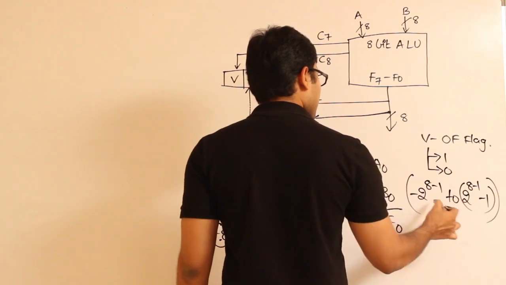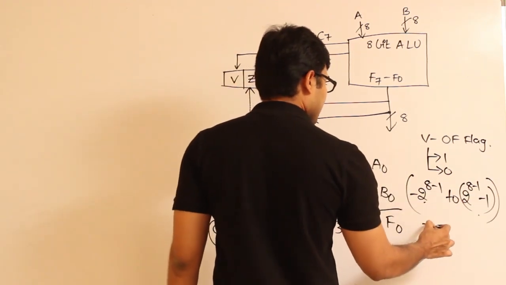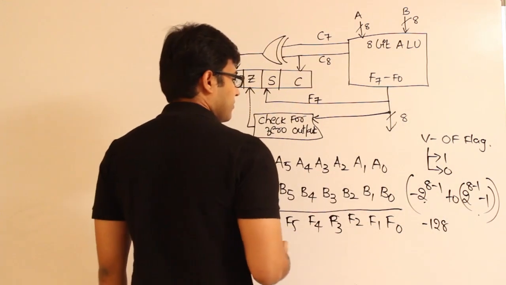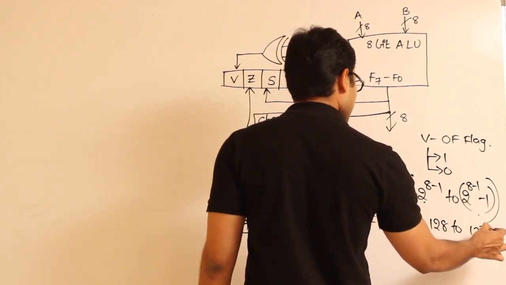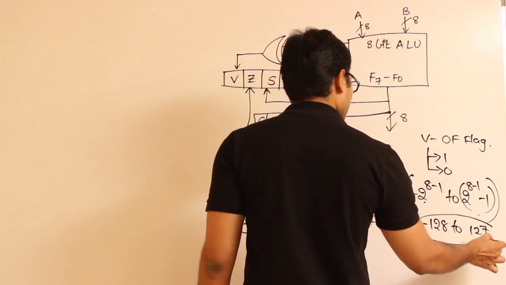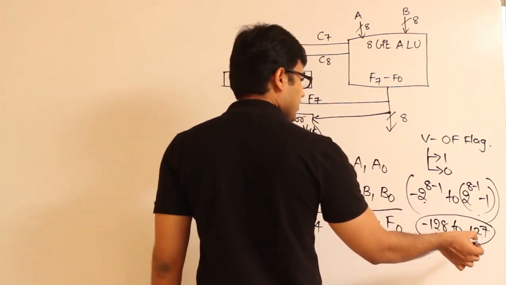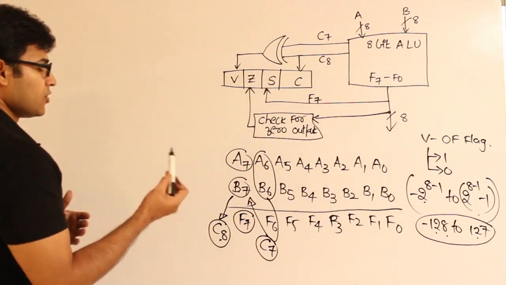This is the minimum number and this is the maximum number. If you convert it, it is minus 2 power 7, which is minus 128, and 127. Therefore we can only store numbers ranging from minus 128 to 127 inside these 8 bits. We cannot store any number beyond that.